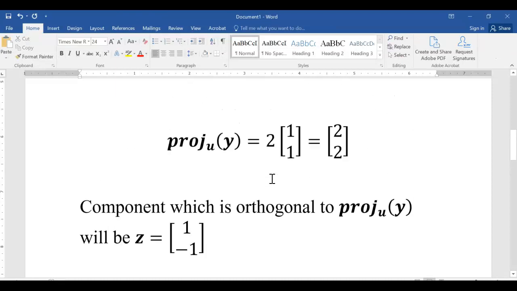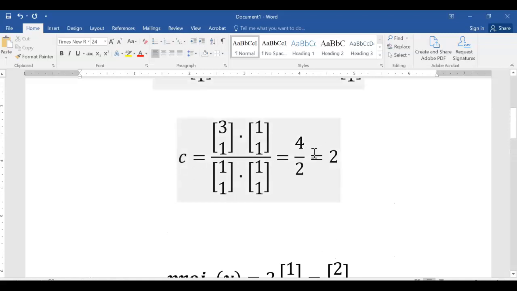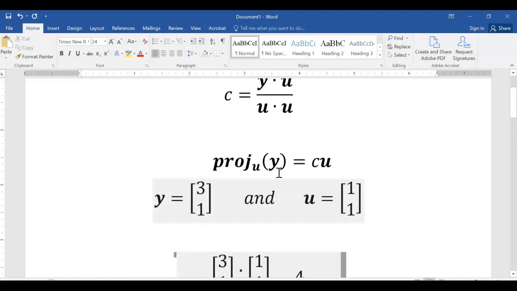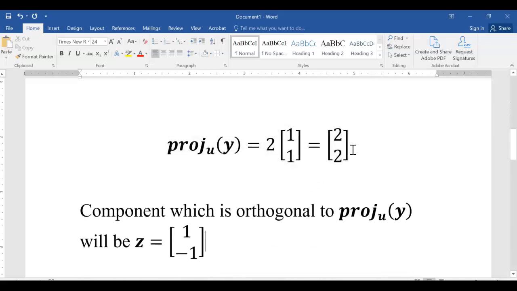Okay, so that's how you find that. I always like to find the coefficient first and then just say, oh, the projection onto u is that coefficient multiplied times u. Calculate it. In this case, that gave me (2, 2). So (2, 2) plus what adds to (3, 1)? (2, 2) plus (1, -1) adds to (3, 1).